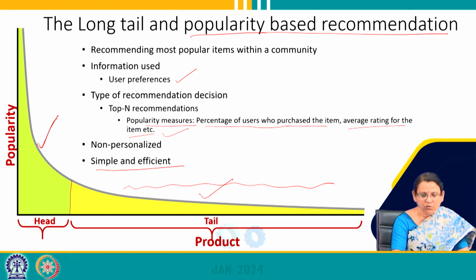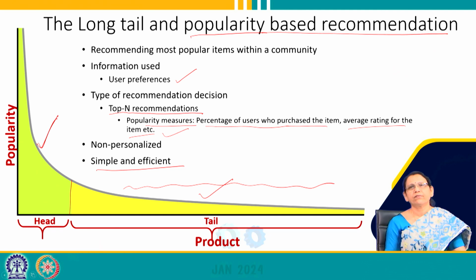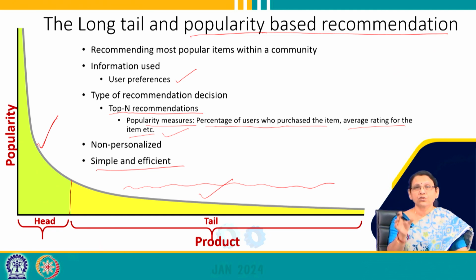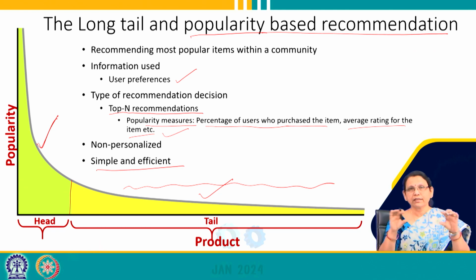But for sure, once you have these popularity measures, you can sort these items based on this measure and you can provide the top n items. As I already told you, this top n item list is actually one very large list. Only depending on the screen size on which the user is viewing the recommendation, you can fit it.